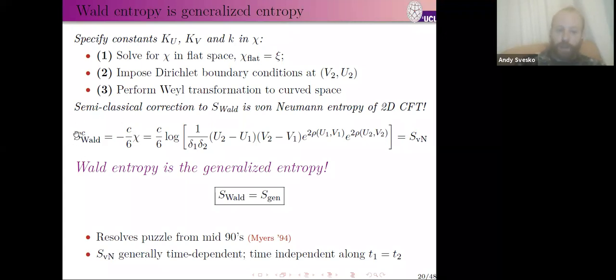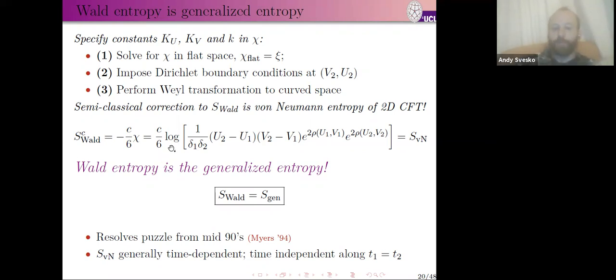This is the expression of the von Neumann entropy of a 2D CFT restricted to an interval, where the interval is defined by endpoints U2, V2, and U1, V1, where these are critical coordinates. These deltas are just UV regulators to regulate what happens with the entropy at the endpoints.